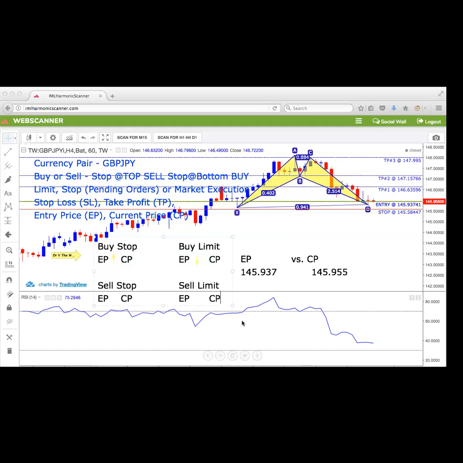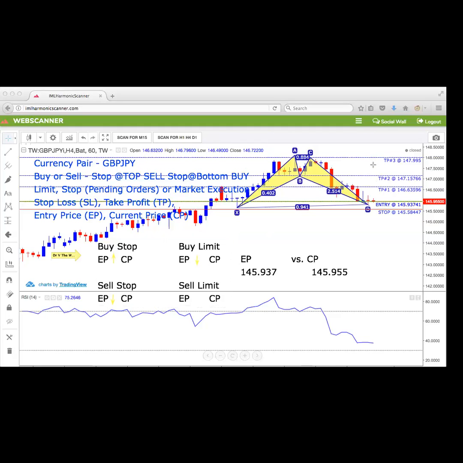So it's moving down. Let's say your current price is up here and your entry price is down here.